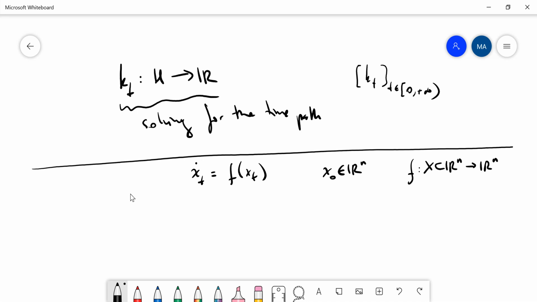If you want to write this explicitly, you have x1(t) dot equals f1(x1(t), x2(t), ..., xn(t)).